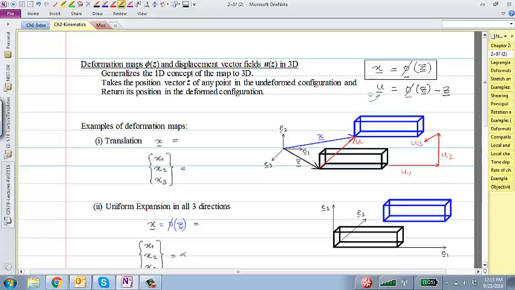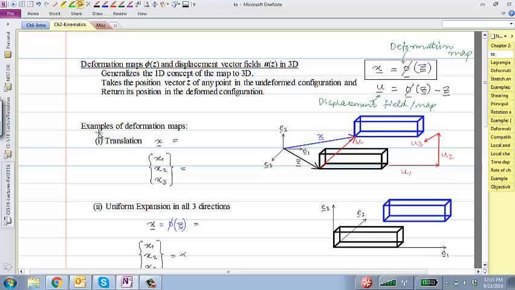So u here is the displacement field, or sometimes we can visualize that as a map as well, displacement map. And phi here is called the deformation map.